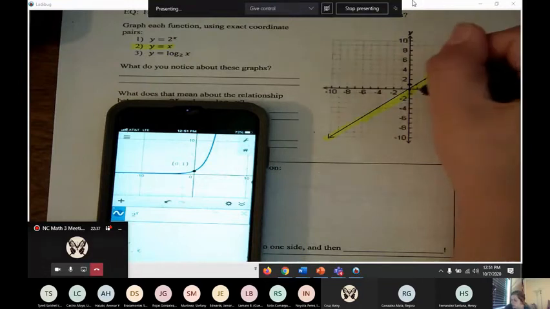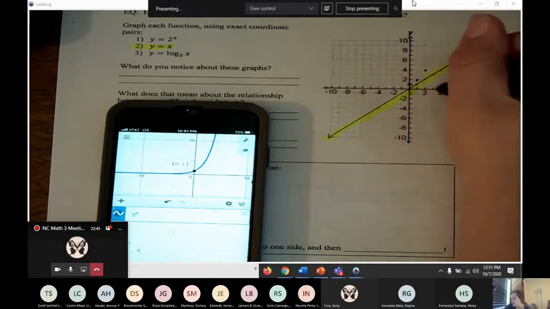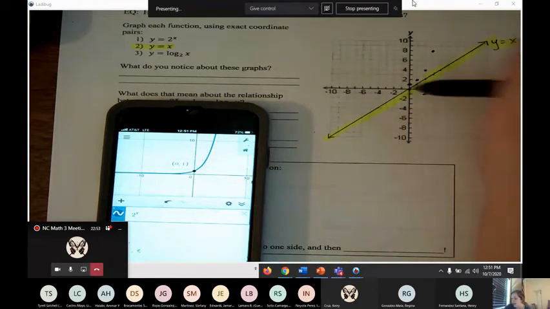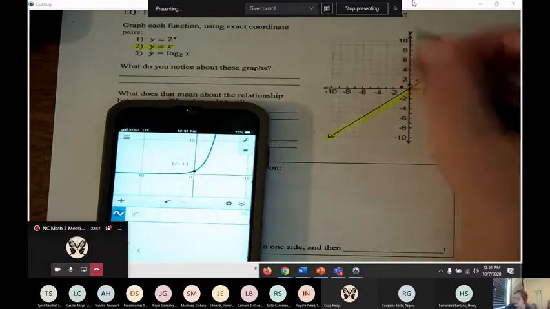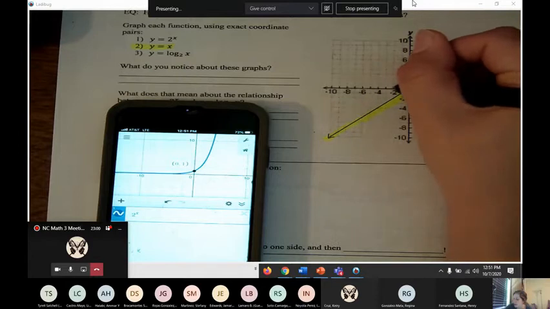It was (1, 2). All right, at 2, I should have a point at 4. At 3, I should have a point at 8. Okay, and then let's do some to the left over here. If I have -1, I should have 1/2. All right, and if I have -2, I should have 1/4.